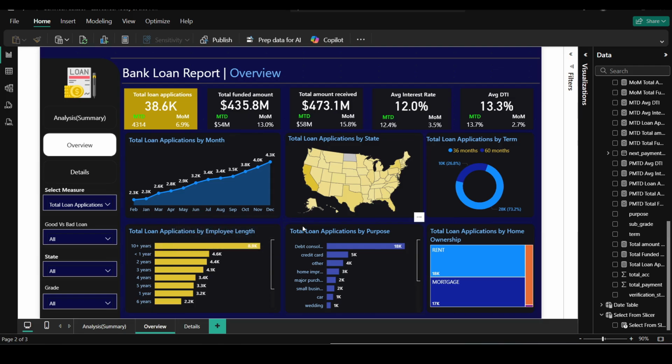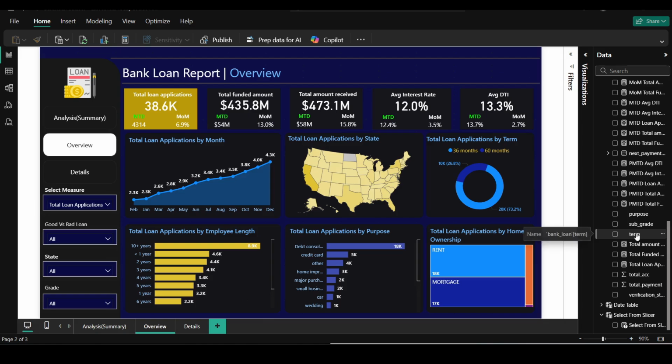Then we also have by what purpose people are taking loans, like for debt consolidation, for credit card, for other purpose, for home improvement. Then we also get to know that people who generally live in rent tend to take more amount of loan than people who own a particular house.